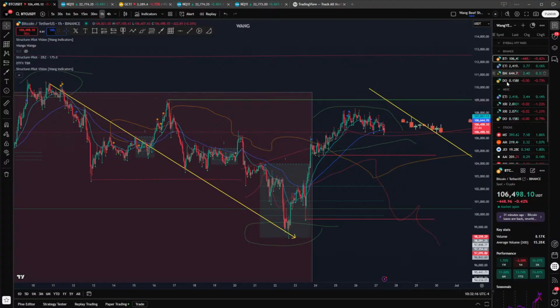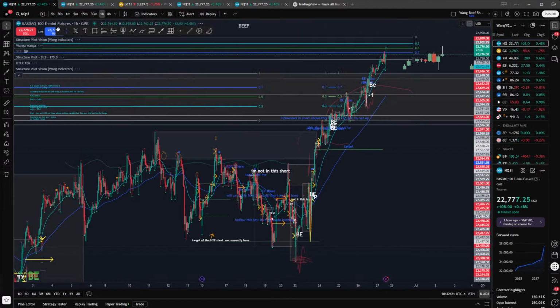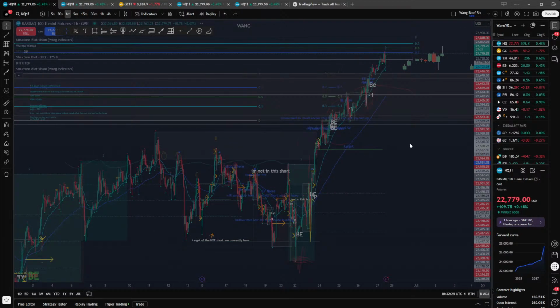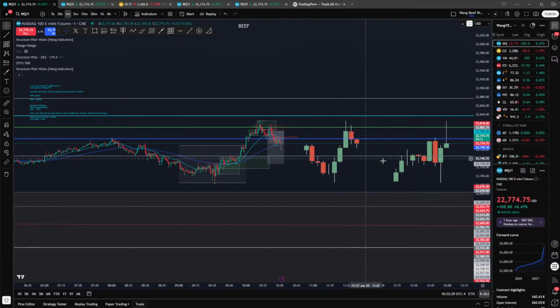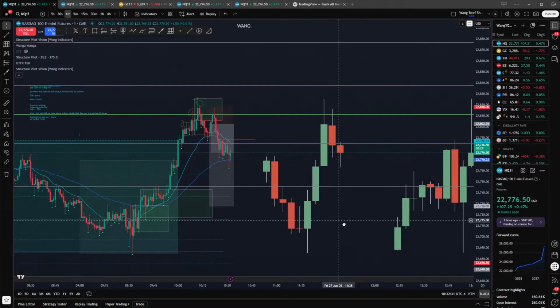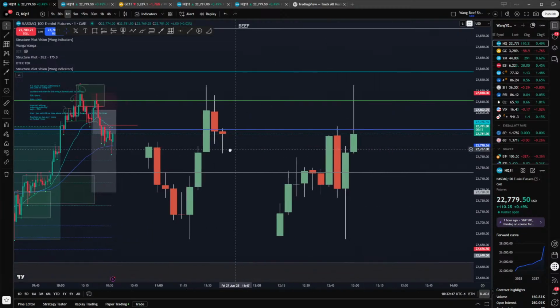Let me check where we are on the management of the trade. Alright, so did we get a close? Nah, no close. So the flat candle, we just took the low of that flat candle, price slightly reversed.